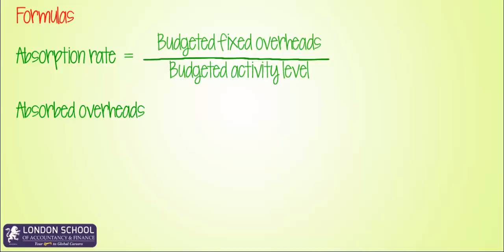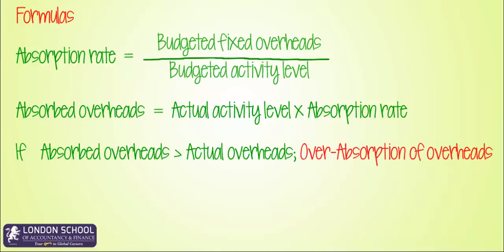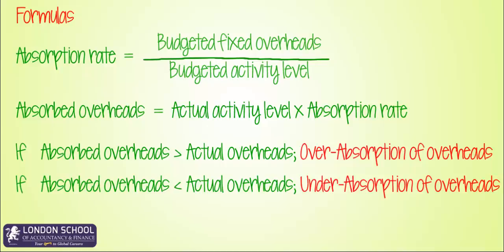Absorbed overheads are equal to actual activity level times absorption rate. And we also saw that if absorbed overheads are greater than actual overheads, then this is over absorption of overheads. And if it is the opposite, if absorbed overheads are less than actual overheads, we call it under absorption of overheads.